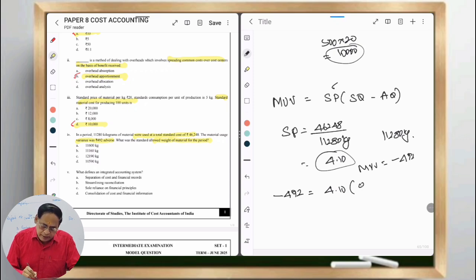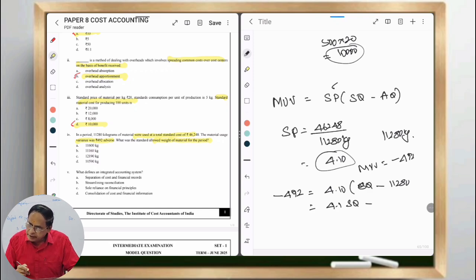So standard quantity, keep it like that, minus actual quantity. Actual quantity means 11,280. So 4.1 SQ minus 4.1 into 11,280, that is how much? 46,248. Here keep 492 as it is.